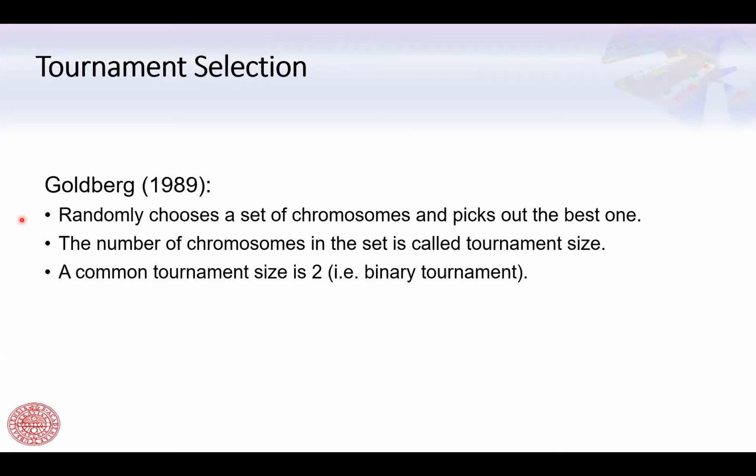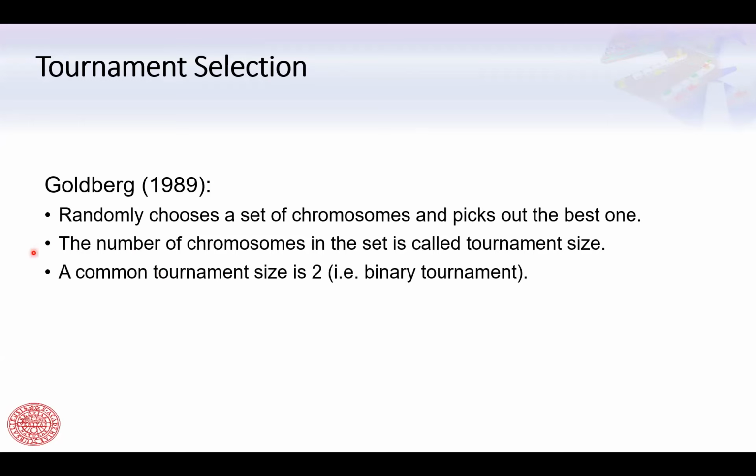Okay, now what does this do? It's very simple. It's called tournament selection. The tournament is still based on randomization, but you randomly choose chromosomes. You choose two of them, and if the size of the tournament is 2, you call it a binary tournament.